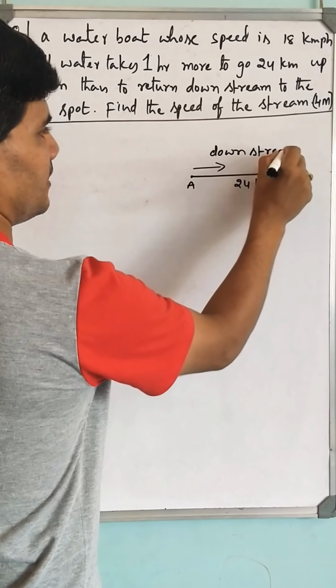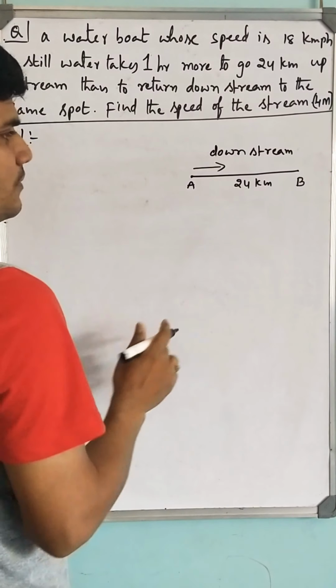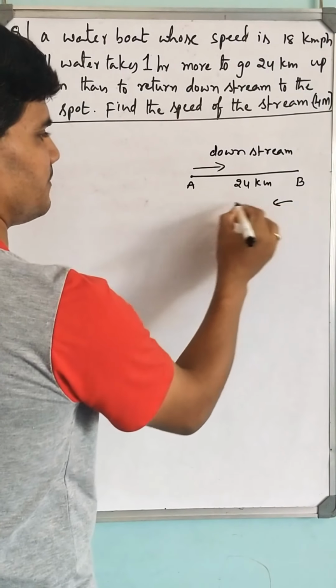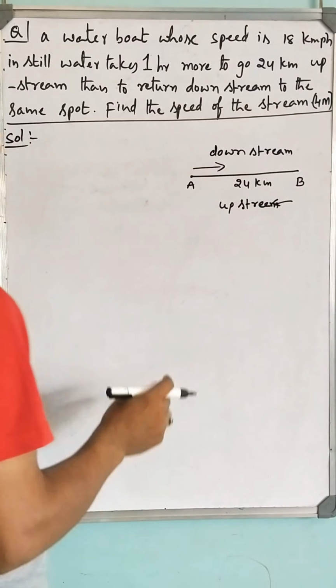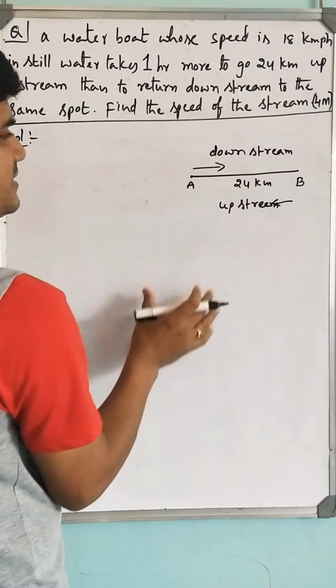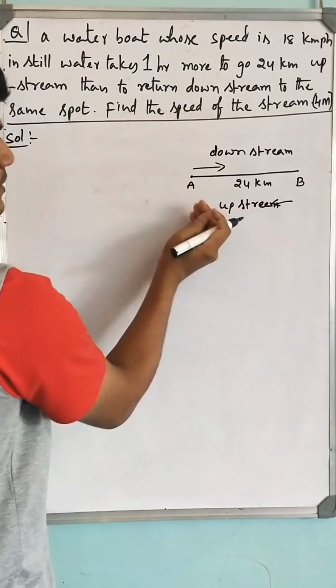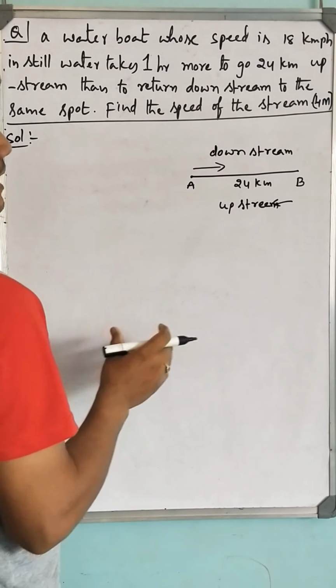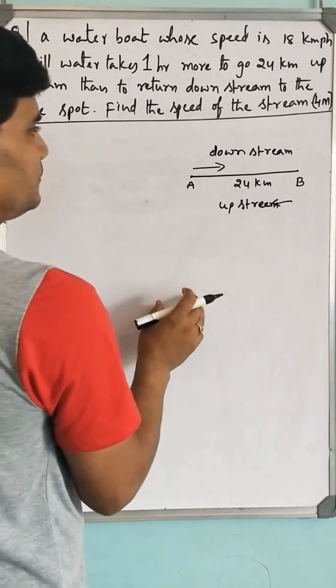Downstream means along the stream, flowing along A to B. Let it be upstream. You are given that the boat is taking 1 hour more to come from B to A. That is the clue given. And we have to find what is the speed of the stream.